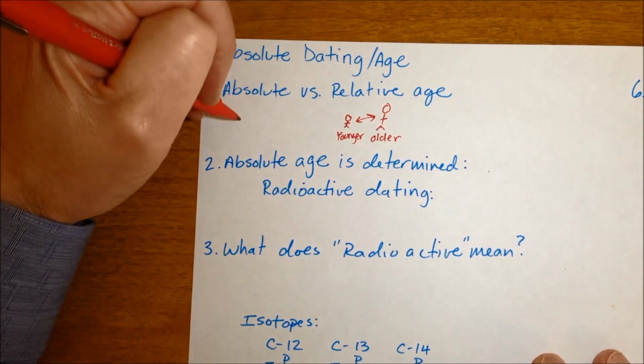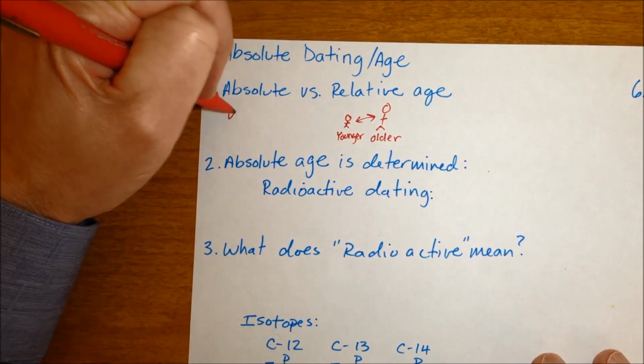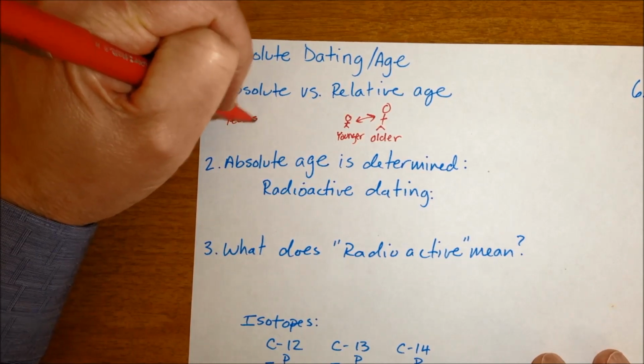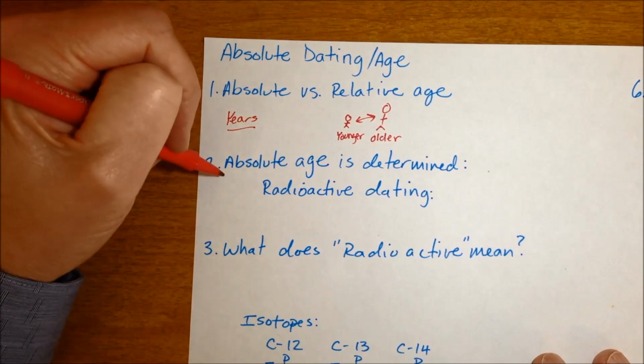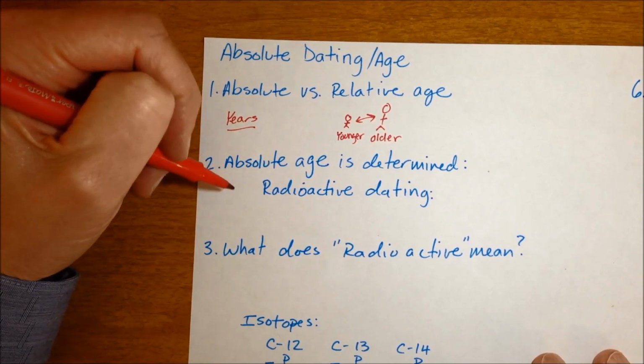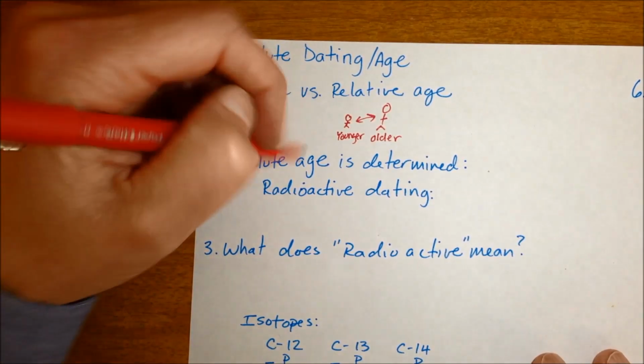Absolute age is actually getting the number of years old an object or fossil is. Absolute age is determined by using radioactive dating.